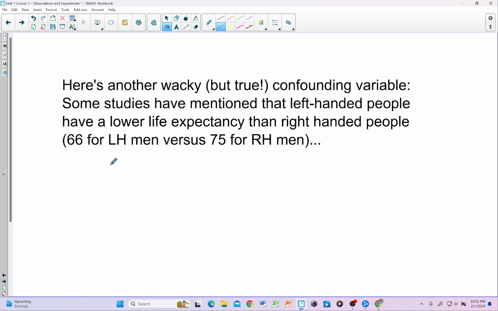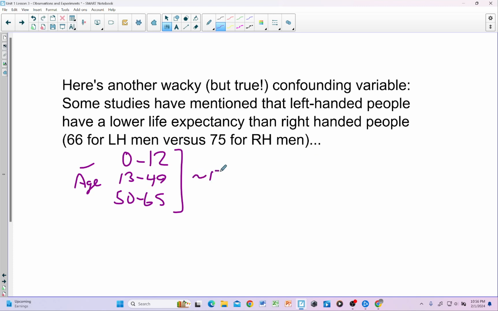What they were finding is that at every age group, 0 to 12, 13 to 49, whatever it is, I'm just picking numbers here, all the way up to age 65, every category, every minority group, every ethnic group, every gender group that they looked at is always floating somewhere around a 12% left-handed rate.